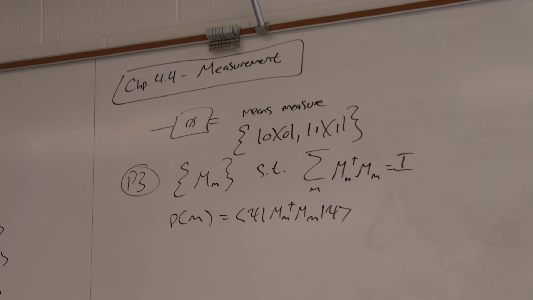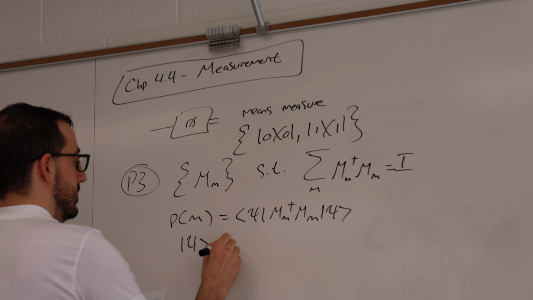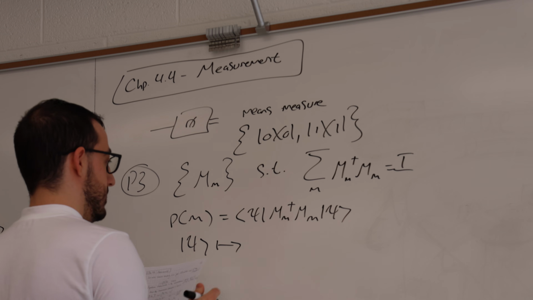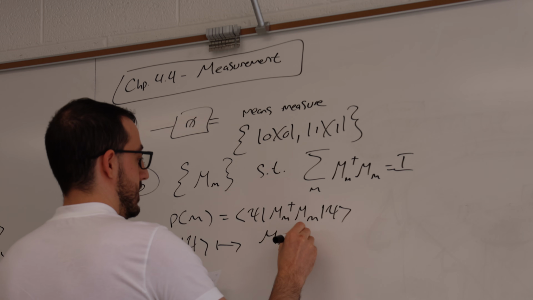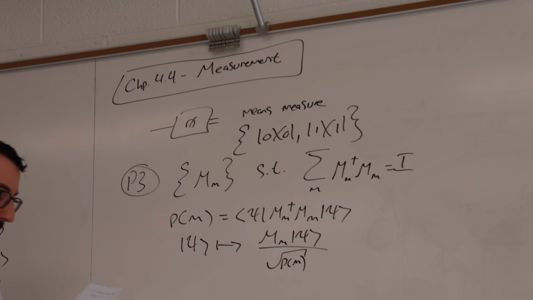And then the state after obtaining measurement outcome m will get projected or collapse, or however you want to say it, to M_m|psi⟩ over the square root of this probability of getting outcome m. Okay, so this was the standard third postulate.